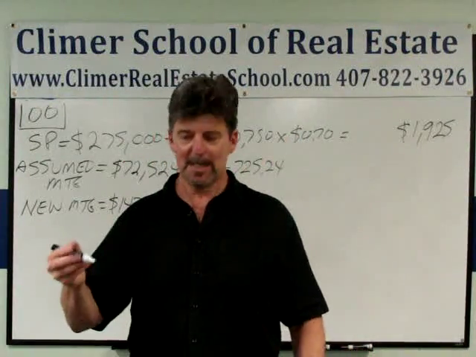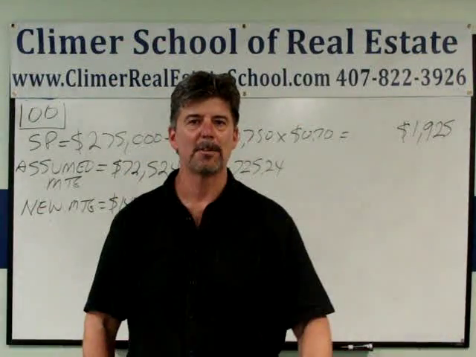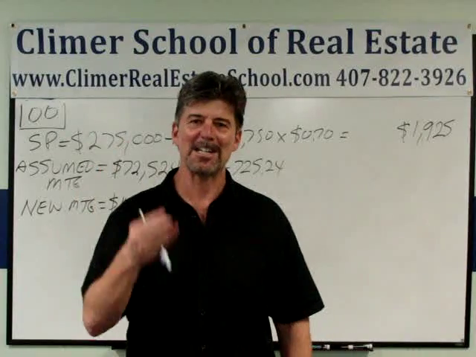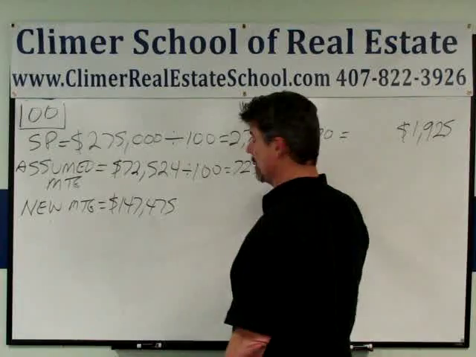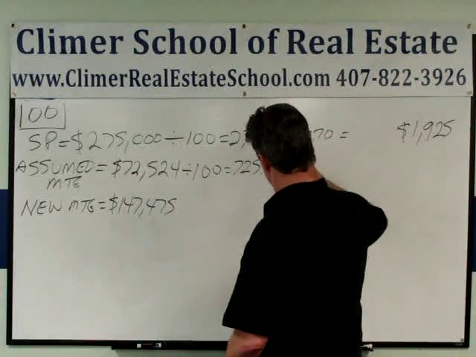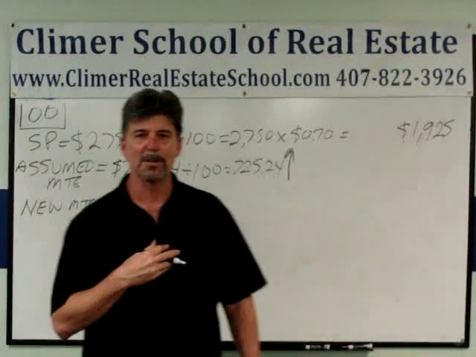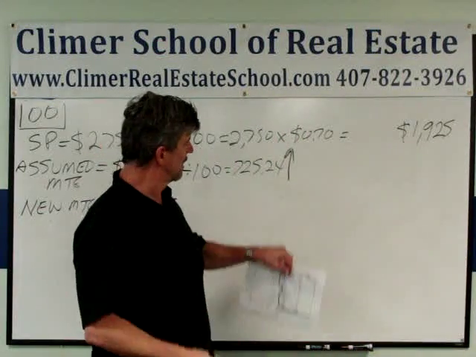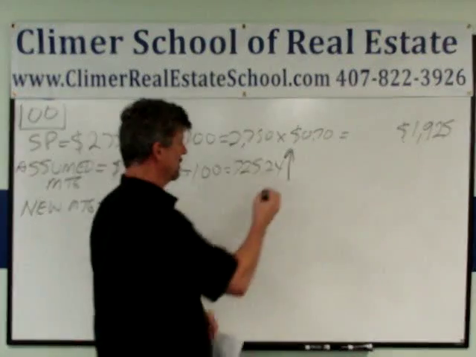It'd be like taking a 49-cent postage stamp and ripping it in half to use on a postcard. You can't do it. You've got to buy a whole stamp. So the state makes you round up. They're not going to give a stamp away. If we round up, that means our assumed mortgage note holder is going to buy 726 doc stamps.